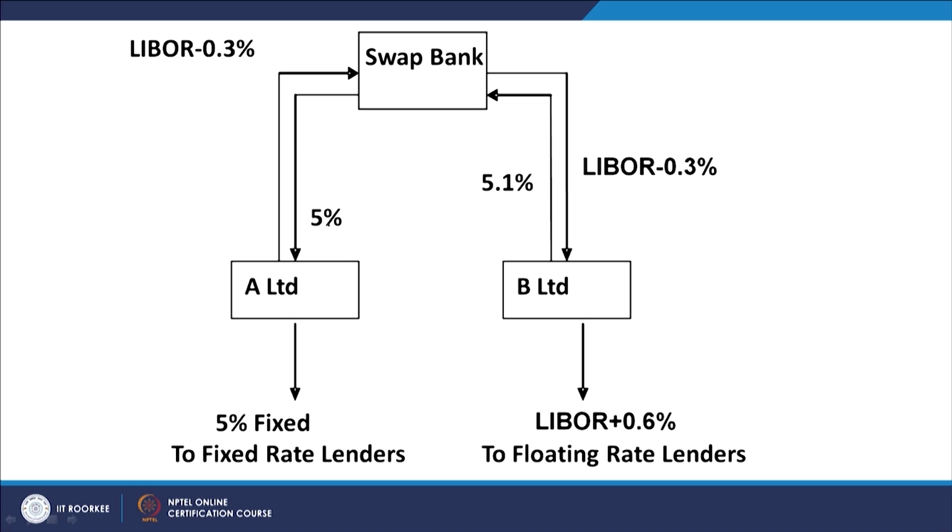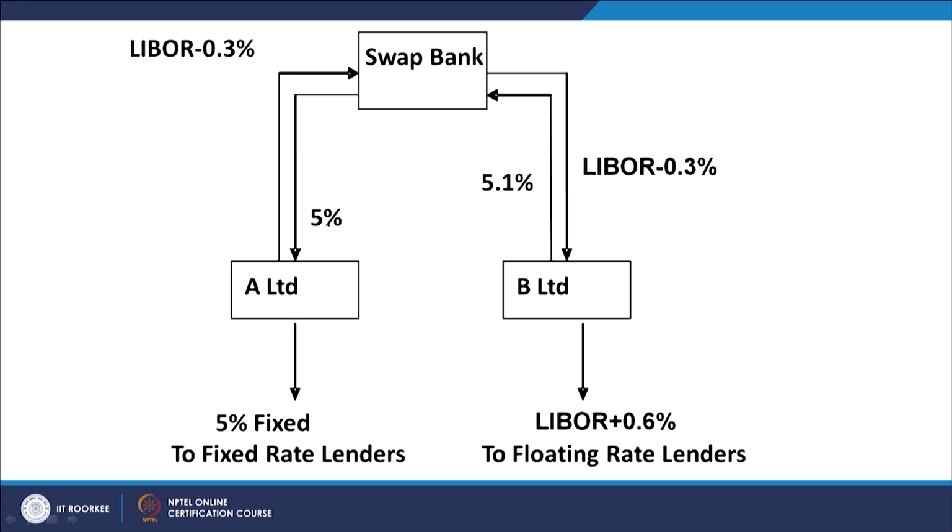As far as company B is concerned, B will borrow at LIBOR plus 0.6%, and it will pay LIBOR plus 0.6% to the lenders. It receives LIBOR minus 0.3% from the swap bank, which the swap bank has received from A. So, B receives the LIBOR minus 0.3% from the swap bank, and B passes on LIBOR plus 0.6% to the lenders.